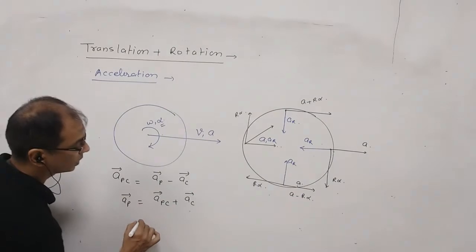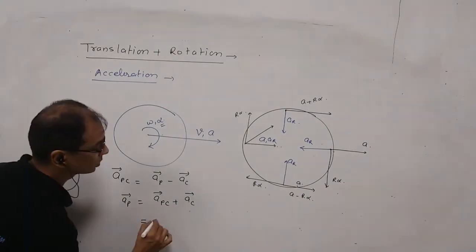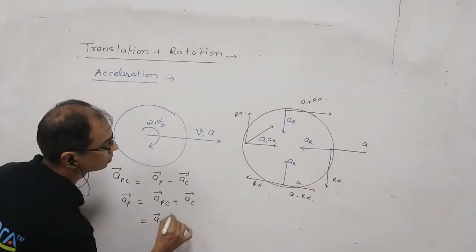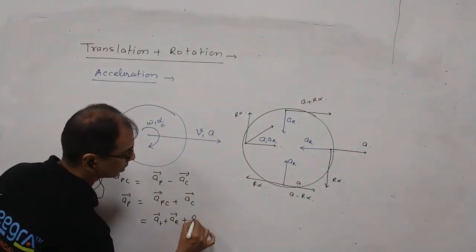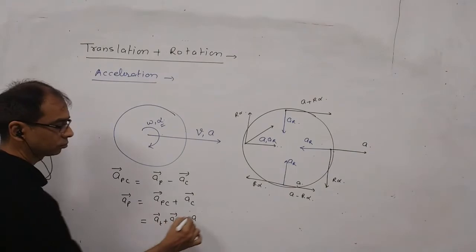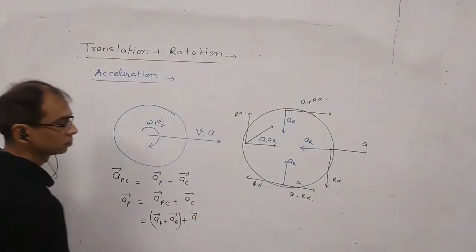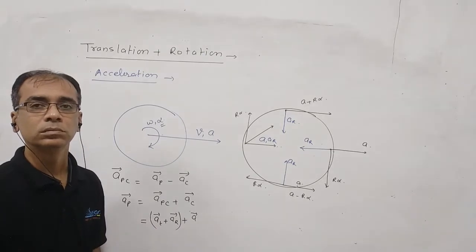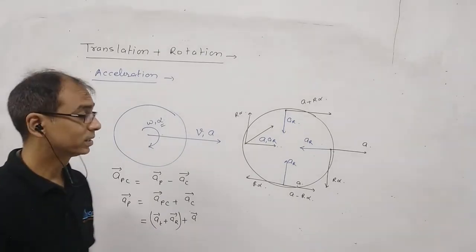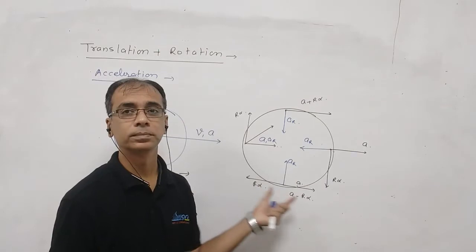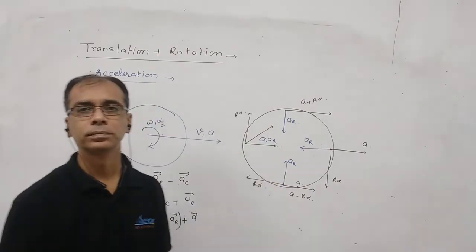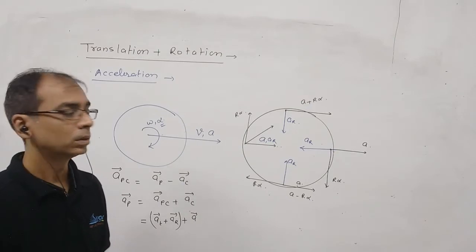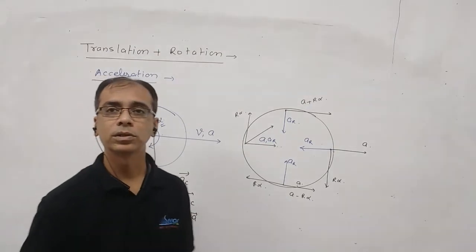The acceleration of the particle with respect to the center of mass is actually A tangential plus A radial, plus the acceleration of the center of mass. Are you able to understand? Acceleration is like this. Is that clear? So this way we can write acceleration.